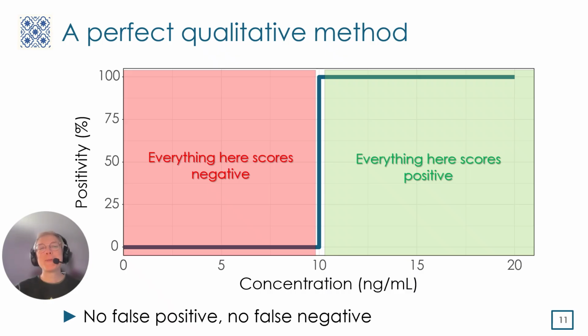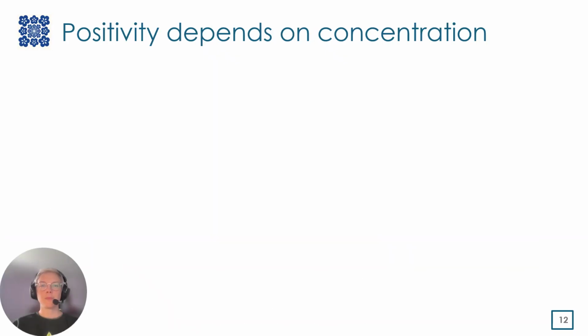But of course, we know it's going to be more of a mixed bag, especially close to the threshold. Because if we analyze 100 blank samples with a concentration of 0, I sure hope they all turn up negative, barring any interferences. And if we analyze 100 samples with a concentration super high, 100 times the cutoff concentration, it shouldn't be a challenge to say, yep, they're all positive.